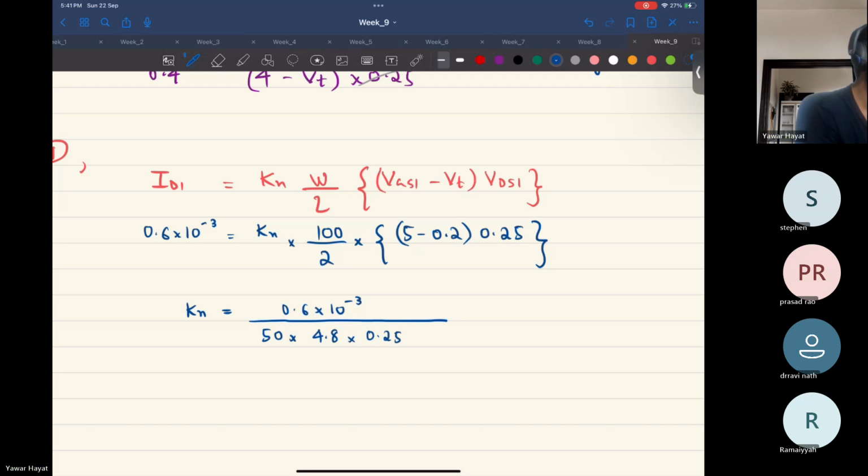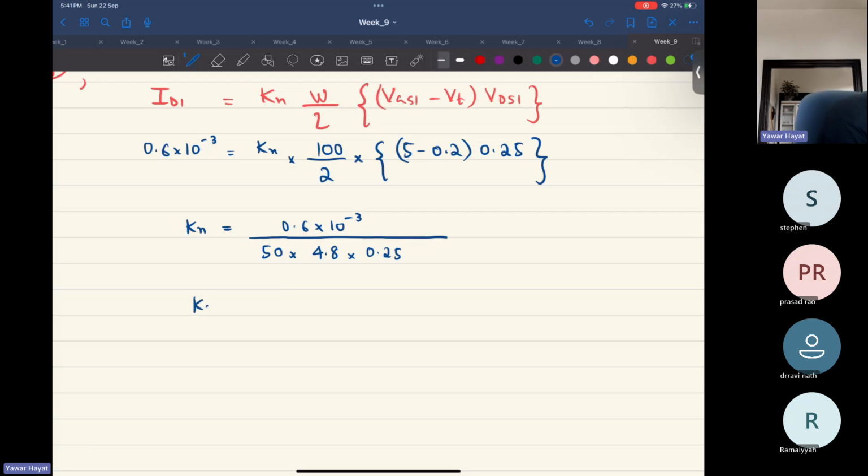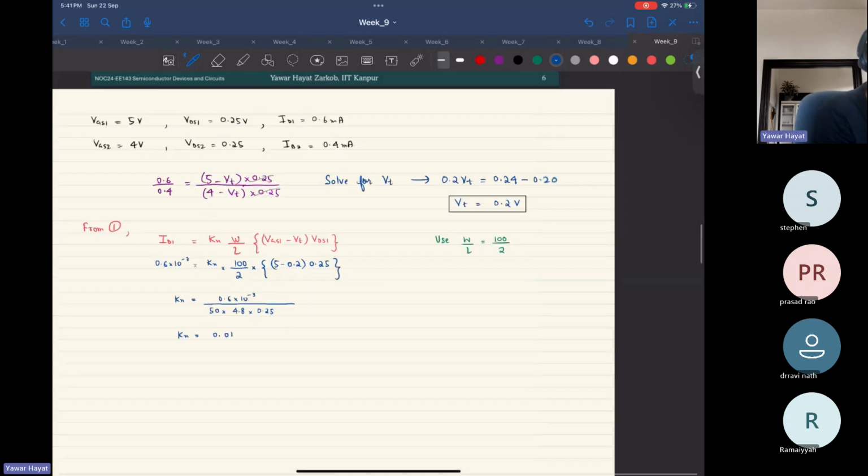Just double check this. So this gives us Kn as 0.01.